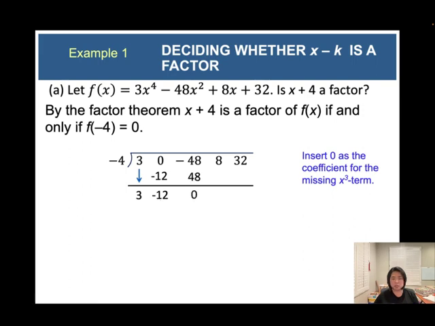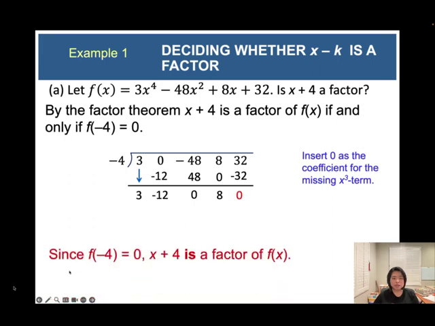Add it up, equal to 0. 0 times negative 4 is 0. Add it up, 8, and then negative 32. When you add it up, you get 0. This is the remainder, remainder equal to 0. That means f of negative 4 equals 0, so x plus 4 is a factor of the function.